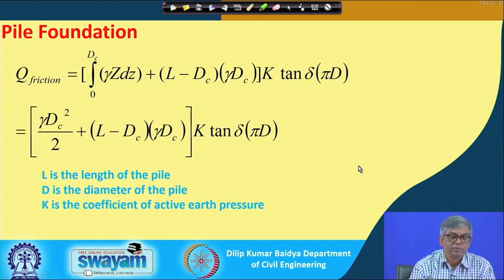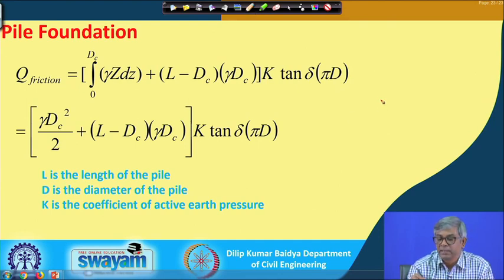Now, if the variation is like this, at any depth, if I take a small length, the vertical pressure there is gamma times z. If I multiply it by k, it becomes the lateral pressure.